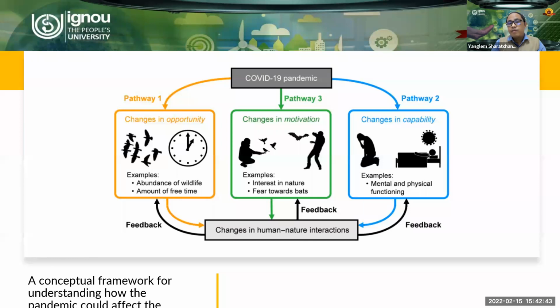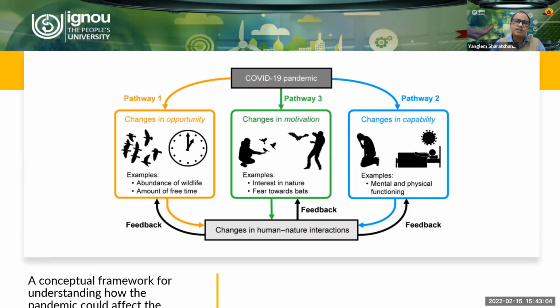Unfortunately, our mental and physical capability, a sudden psychological impact comes, and we always say, what will happen? Because of this global pandemic, this affects individual health, individual mental and physical health, right?